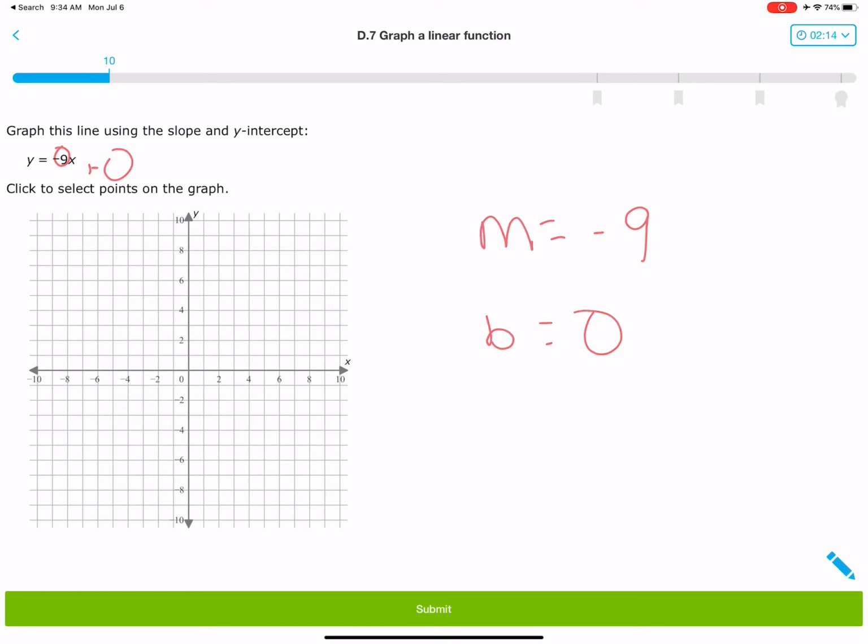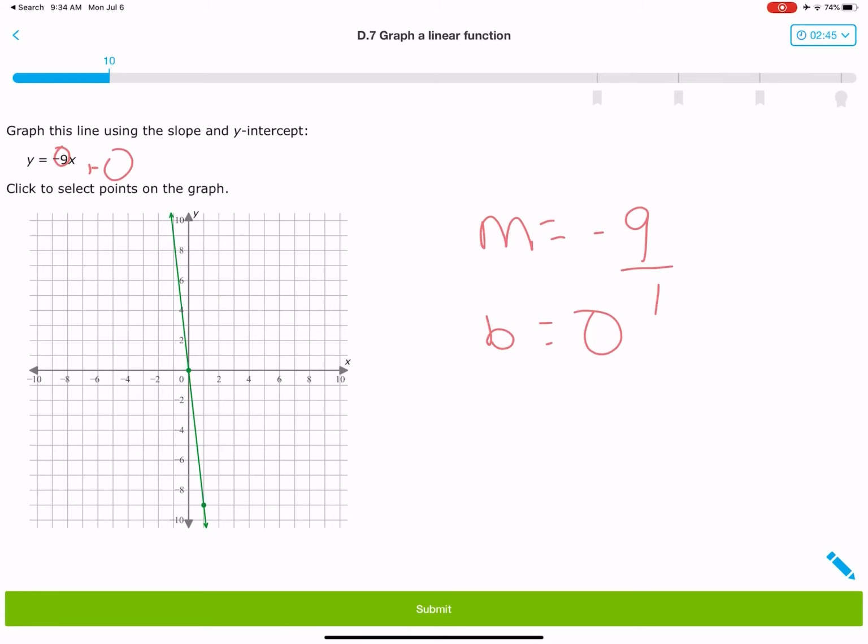So our beginning, we start at 0. We start at 0, and our slope is -9. So -9 over 1. So since it's negative, instead of rising 9, we're gonna go down 9. So we're gonna go down all the way to -9, and we are going to run 1.